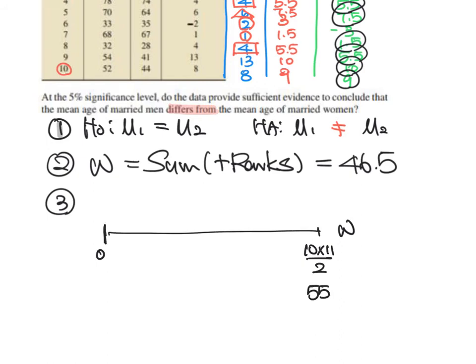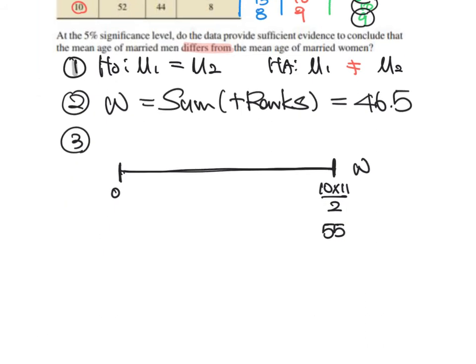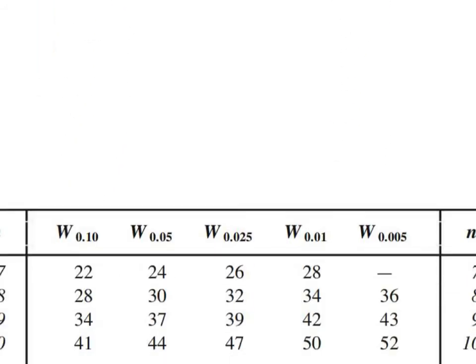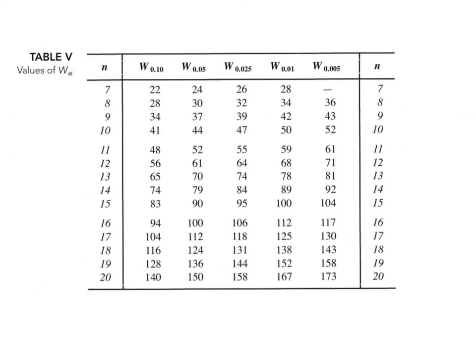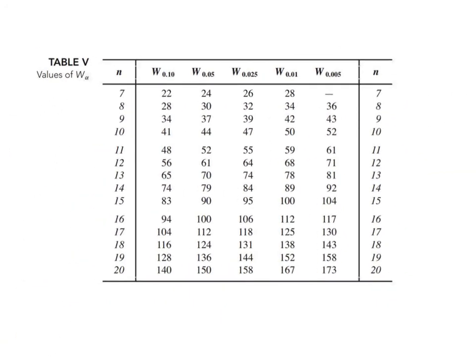So I can think about a symmetrical distribution from 0 to 55. Now let me take the critical value. I have to go to Table 5, the W table, and alpha was 0.05 for two-tailed.